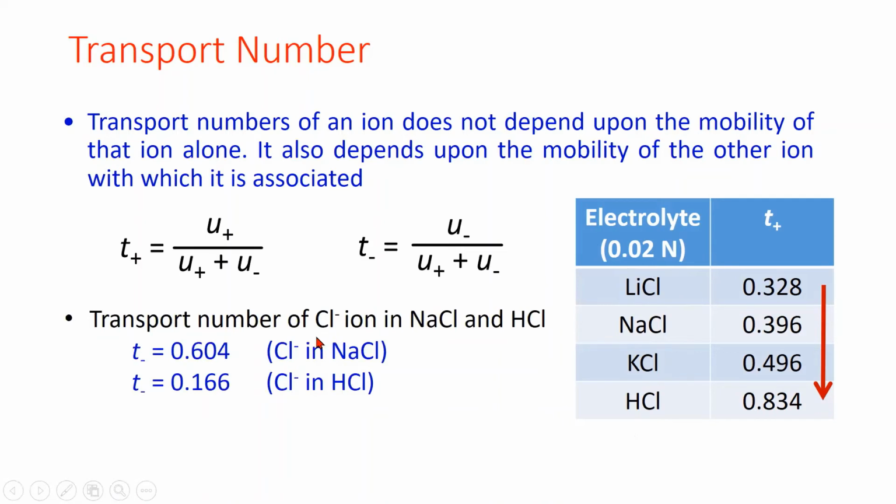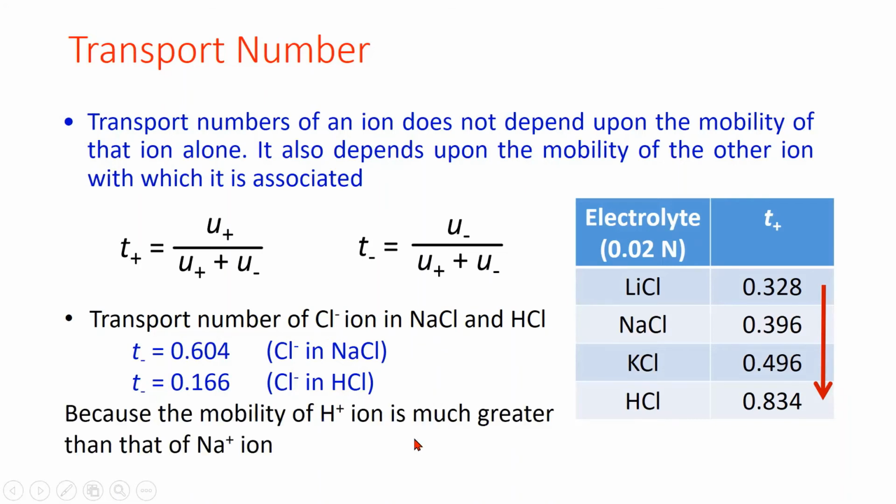If we try to see the transport number in the case of chloride ions in sodium chloride and HCl, the transport number of the chloride ion is 0.604 in the case of sodium chloride, and 0.166 in the case of HCl.